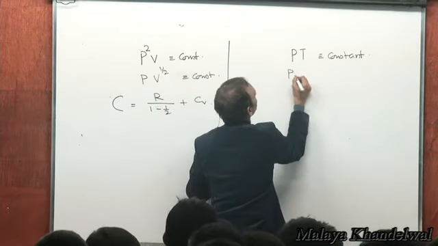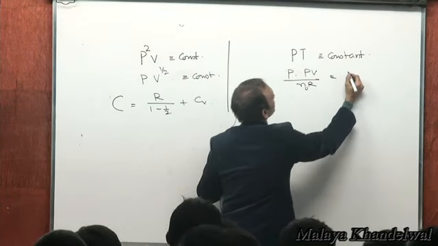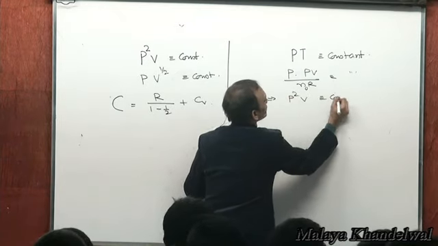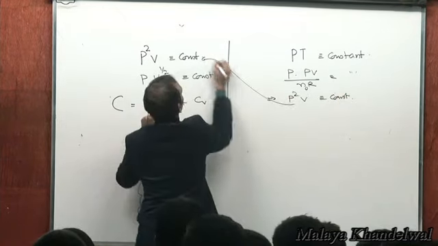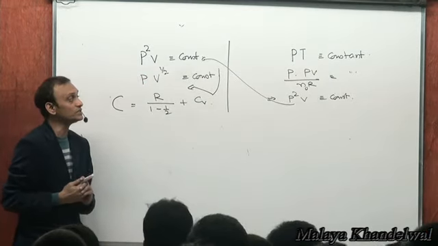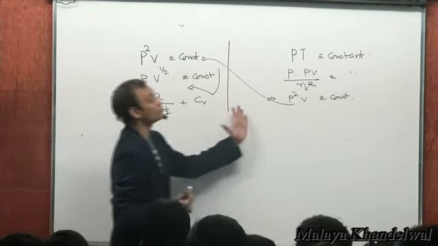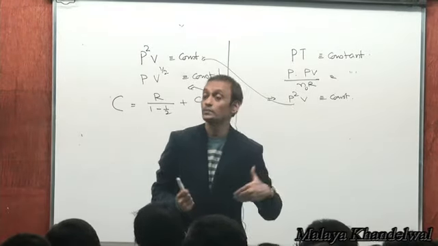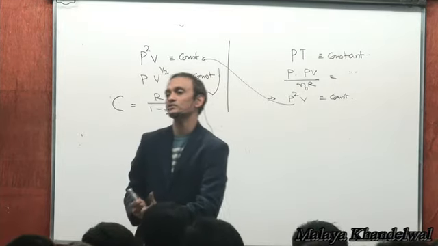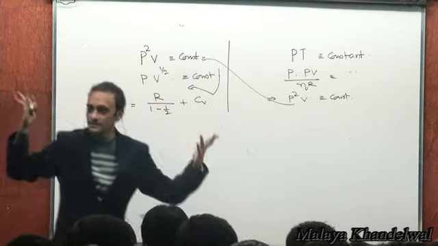T could be written as PV by n naught R, where n naught is the number of moles of the gas. That makes it P squared V is constant, because n naught and R are constant, which reduces to PV to the power half is constant on taking the square root. That will readily give you the polytropic exponent n as half, and then you have the molar specific heat of the process available as R by 1 minus n plus CV of the gas. Clear?